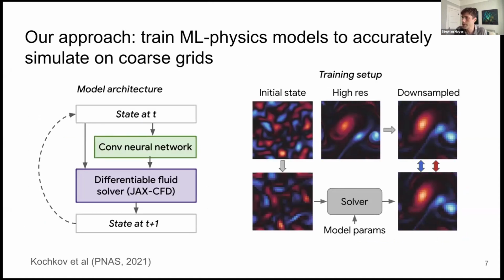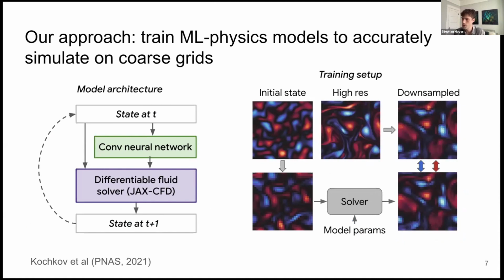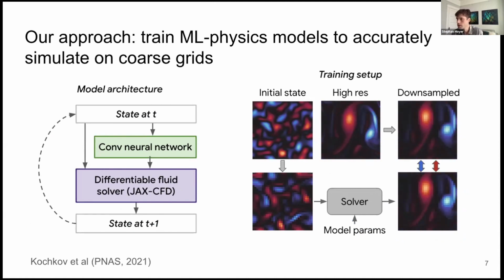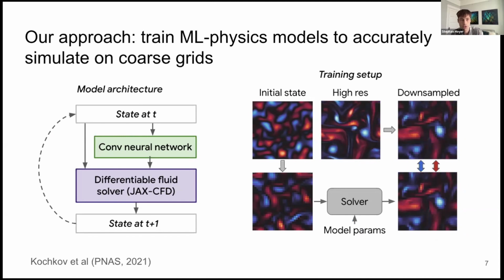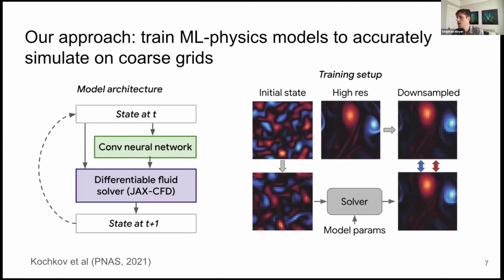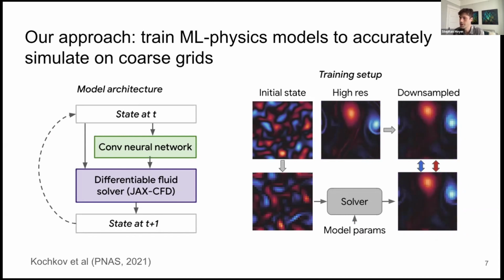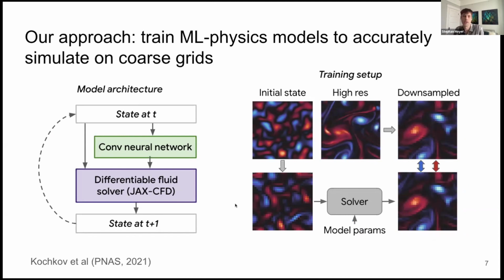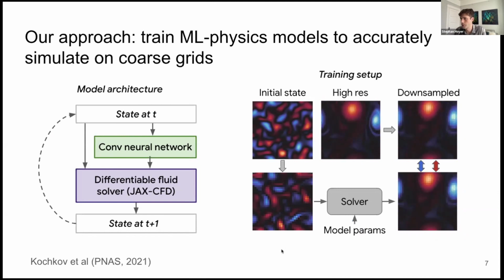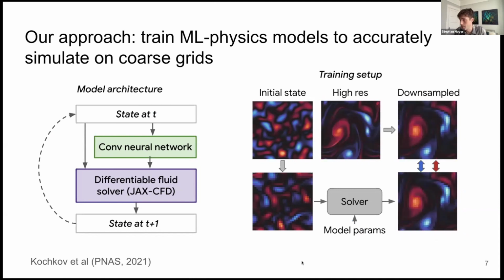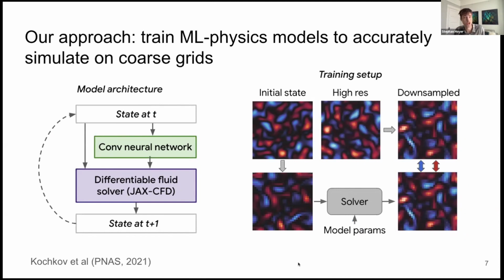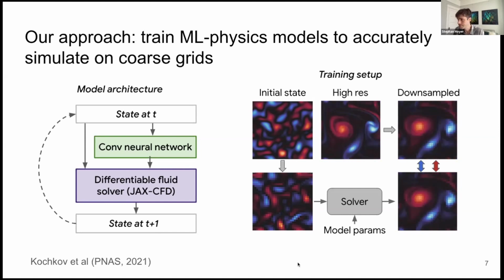So our general approach here was that we used a simulator to generate some very high resolution simulations of a 2D fluid. Then we downsample to a very coarse grid, which we can simulate very quickly, but not very accurately with traditional solvers.